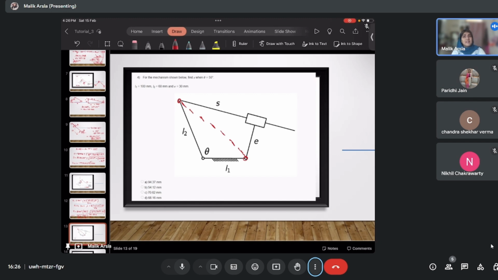But if your joint angles are given, that this is your given theta, find the end effector position, in that case displacement becomes your output and your theta becomes your input. So that will be a forward kinematics problem. So it will really depend on the question what your input and output are. That really doesn't matter because ultimately the procedure is going to be the same. So if you have gotten the answer, did you do it directly with the help of the formula?